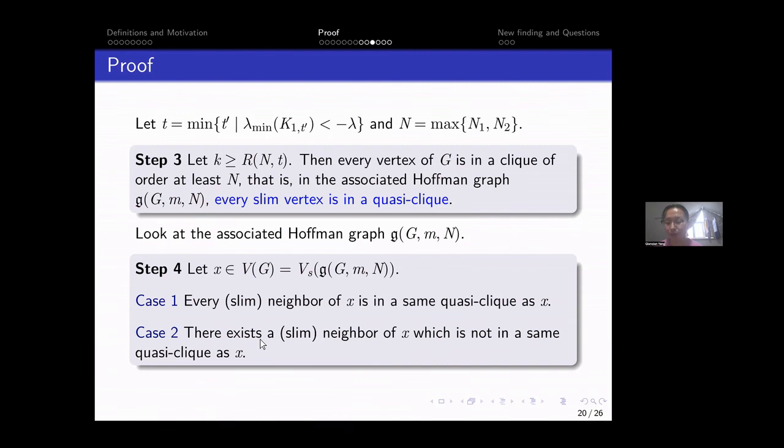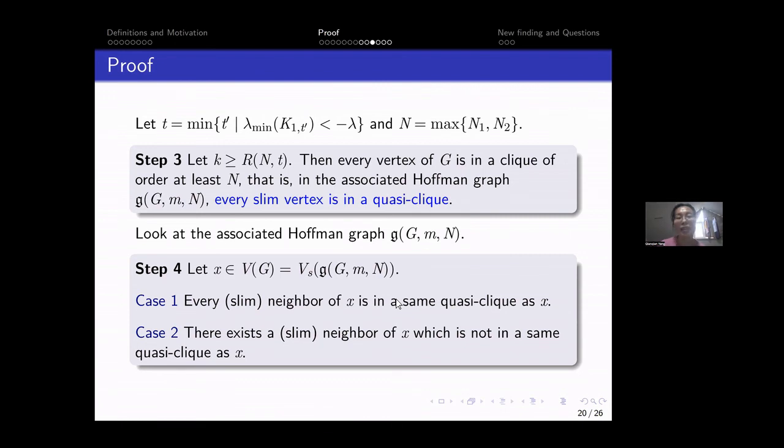Case 2 is slightly more complicated, but it's not hard. Here I will show the example. Case 1 says that you choose a slim vertex x, and every slim neighbor of x is in the same quasi-clique as x.